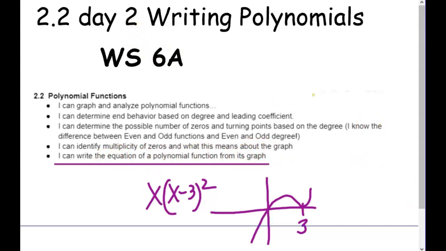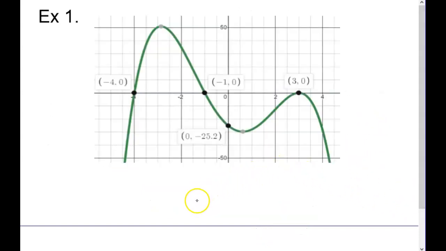All right, so 6A has, I think, 4 examples. We can do all of them or skip one if you want, but there are 4 examples. The first thing you want to do is figure out where the zeros are, and sometimes they're labeled and sometimes they're not, but where it crosses the x-axis.